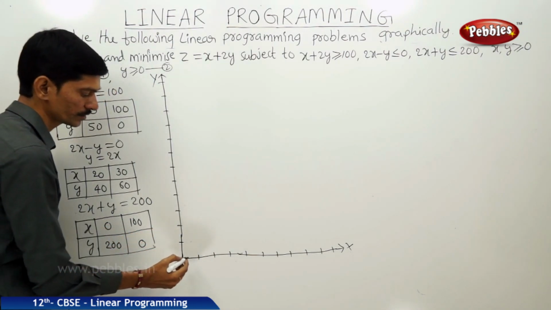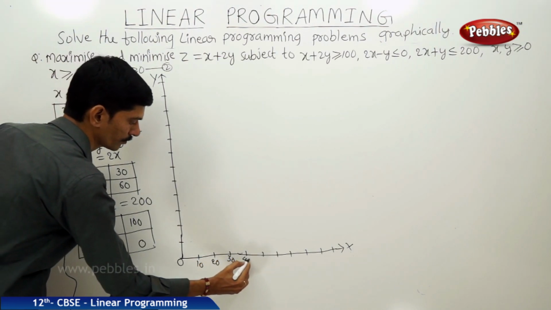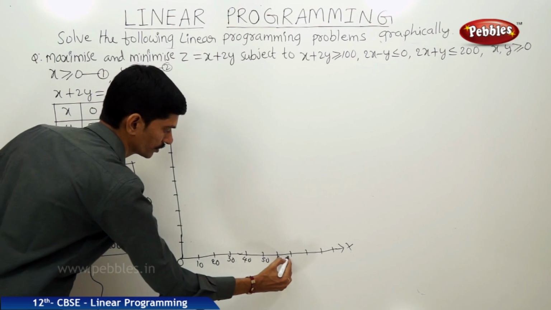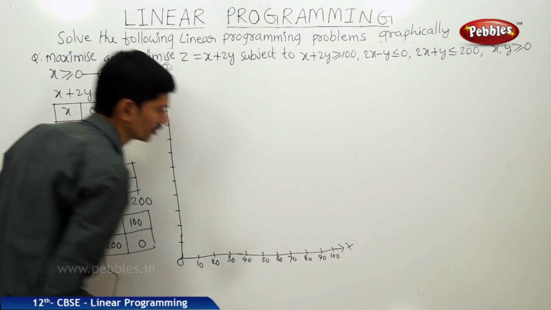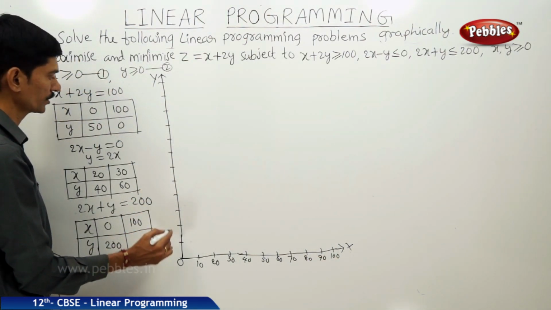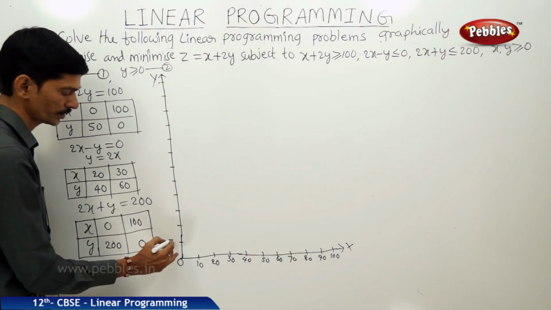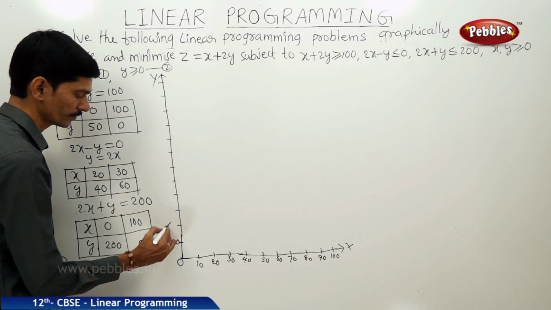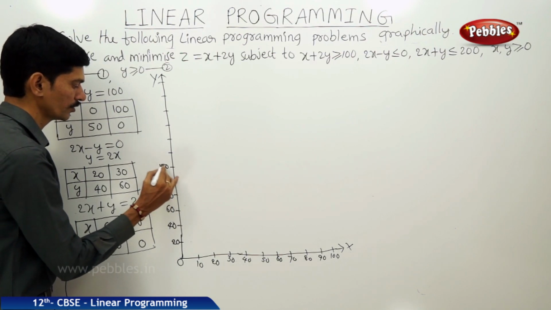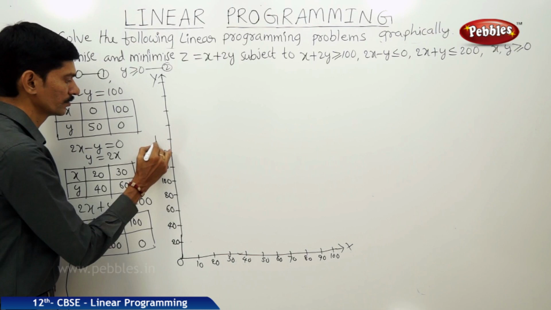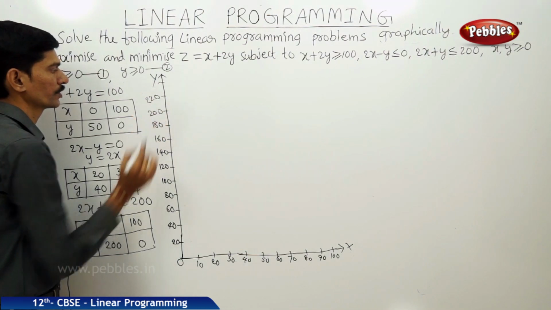So on the x-axis, we will take the multiples of 10. So 10, 20, 30, 40, 50, 60, 70, 80, 90, 100 and so on. On y-axis, we will take the multiples of 20 because we are getting the extreme value 200 on the y-axis, so we take the multiples of 20 here. 20, 40, 60, 80, 100, 120, 140, 160, 180, 200, 220 and so on.